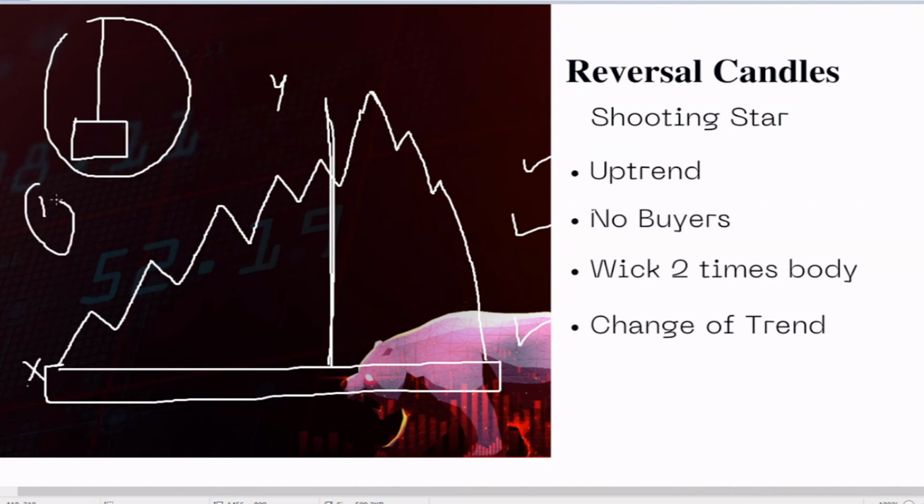Rule number 1. Now rule number 2 states that the body of the candle has to be a small real body, while the wick on the top side has to be minimum 2x the size of the body, right? Bigger the length of the wick, the better it is, right? Now 2 rules. 1, it has to form in an upward direction. Secondly, the wick has to be at least 2x the size of the body. I'm going to give you a pictorial representation as well, so let's go there.